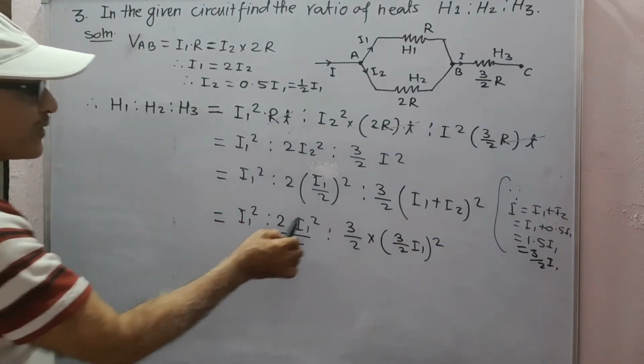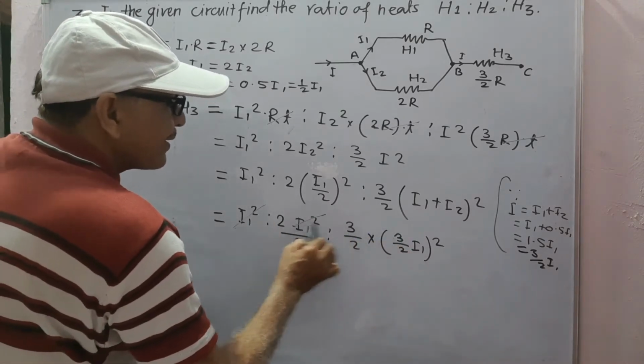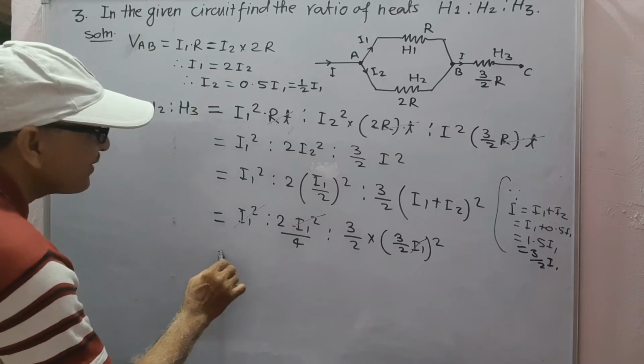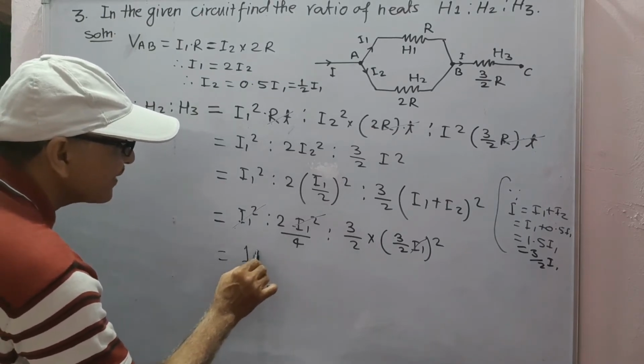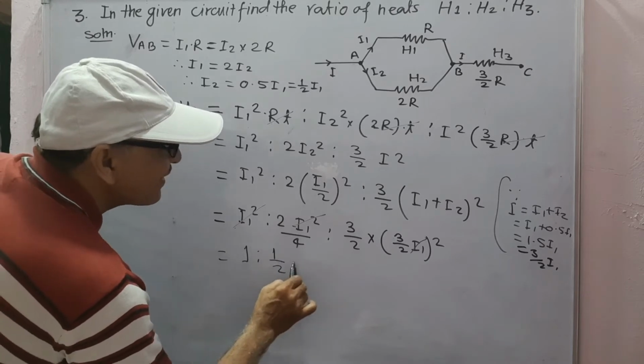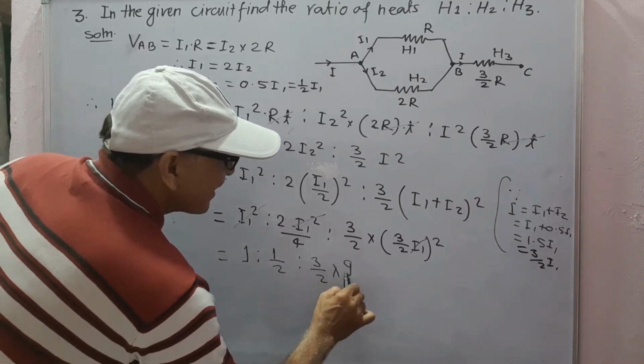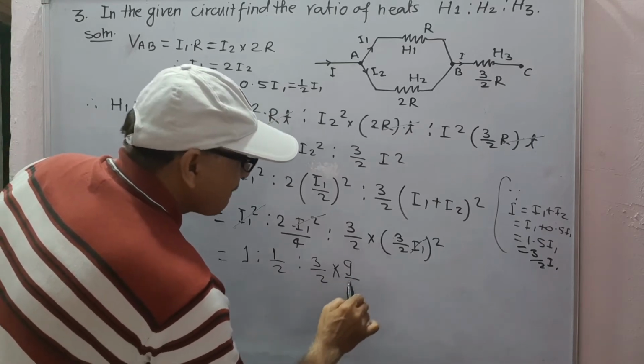Again I1 square are common, can be cancelled. So the ratio is 1 is to 2 by 4 means 1 by 2 is to 3 by 2 into 9 by 4.